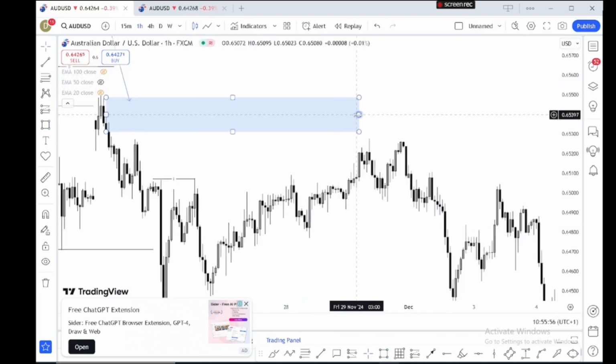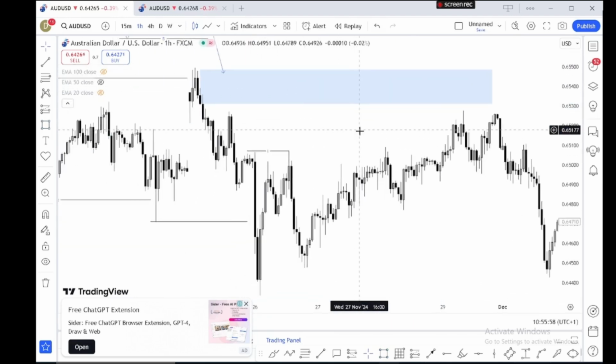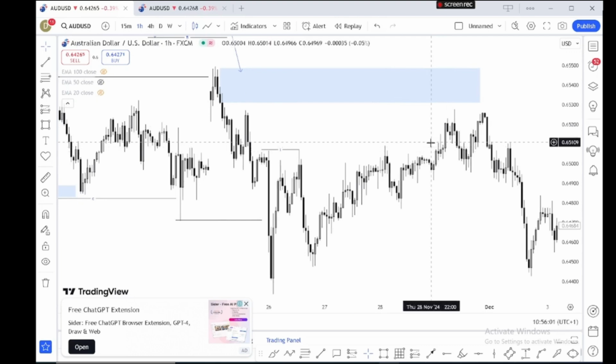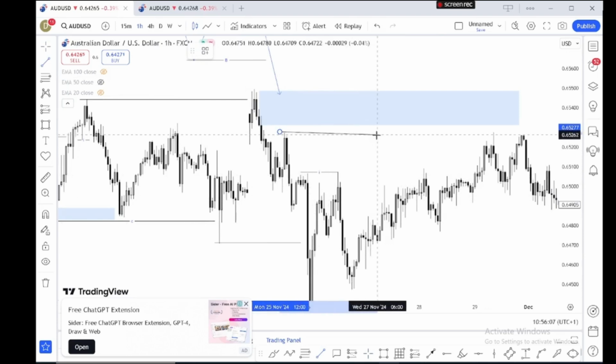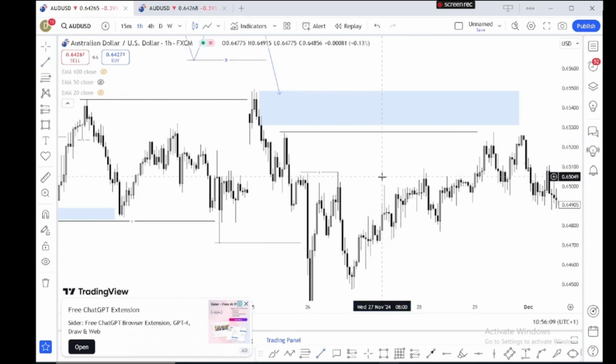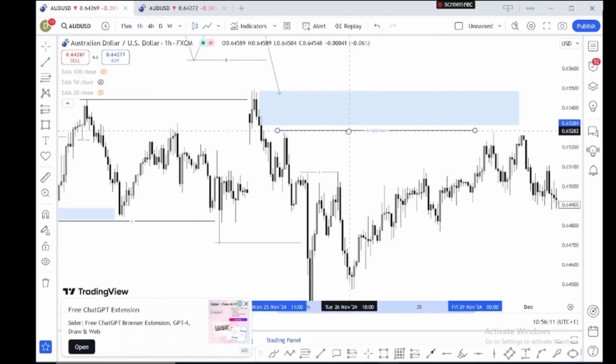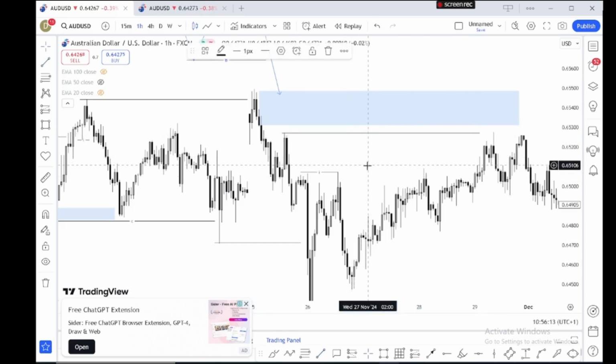Now where it gets interesting is that what is important is liquidity. Looking at it, this is a kind of liquidity too that the market might target. So from my experience, this market does not promise me that I must mitigate my order block. Order block is just a refinement level for entry.